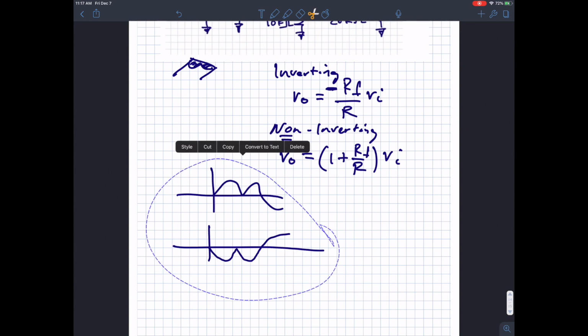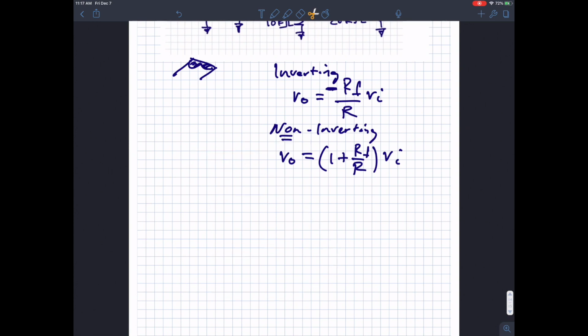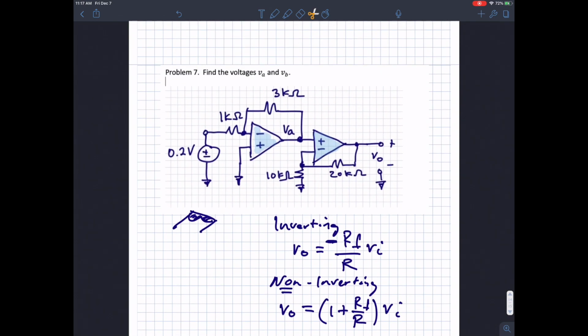So the question is, what do you see? The answer is that if I take a look at just this first section, this looks like an inverting op-amp. How do I know? Well, the input's applied to the minus terminal of the op-amp.